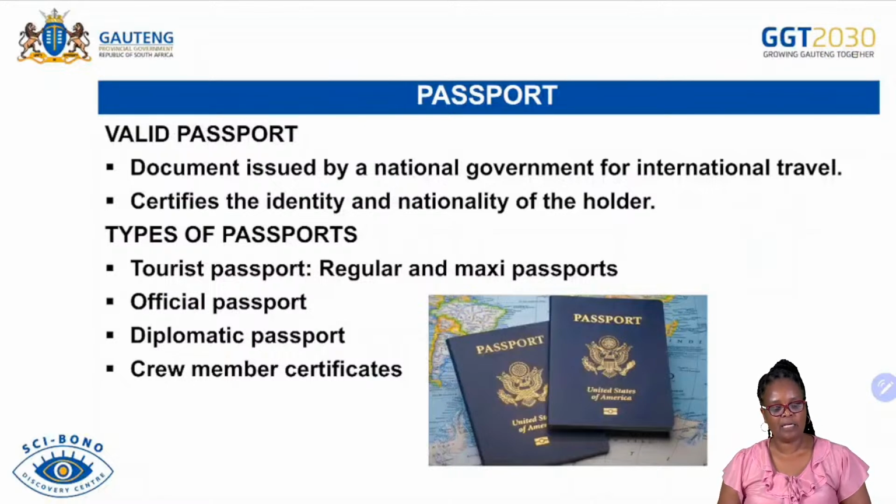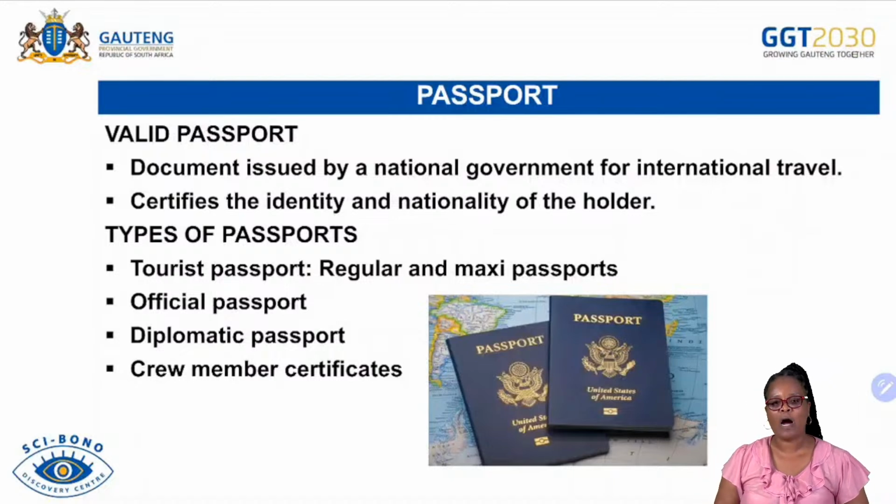It is a document issued by the national government for international travel. You get it from the national government. It certifies the identity and nationality of the holder, so that they know which country you come from and your nationality.